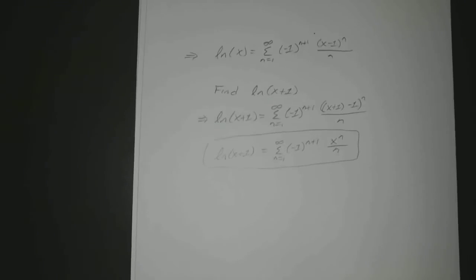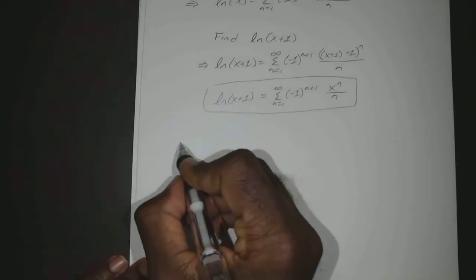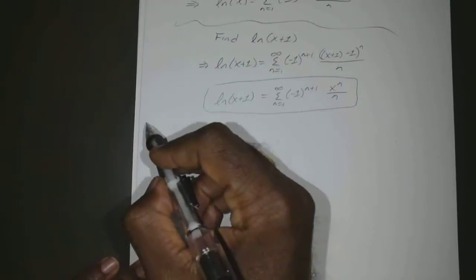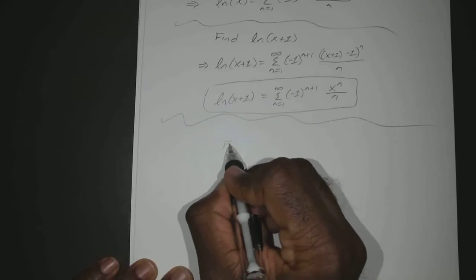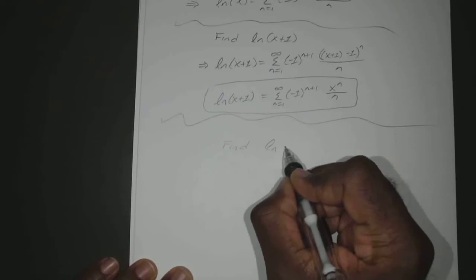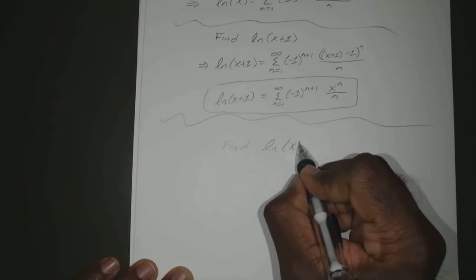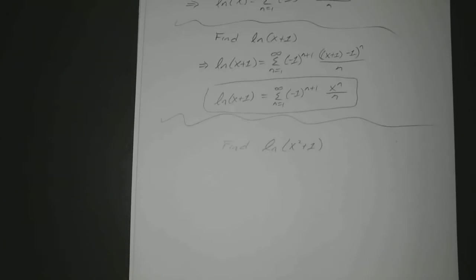Okay. So let's say we decided to separate these a little bit and find natural log of x squared plus 1. Same thing, we're just going to replace x with x squared plus 1.